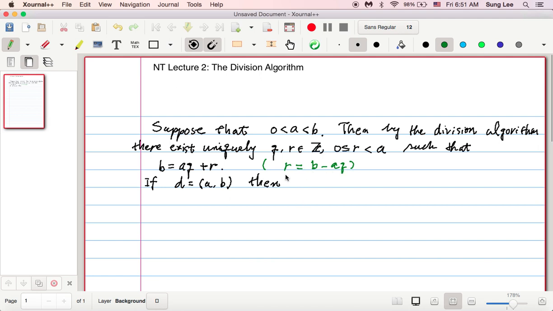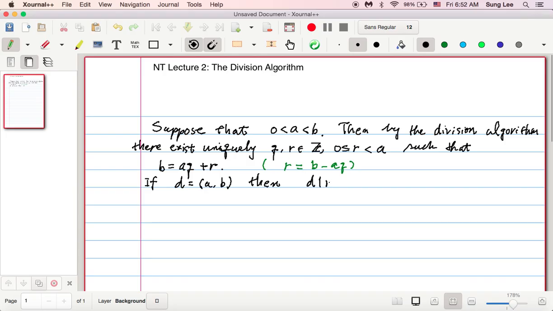As we clearly see, we talked about some properties of divisibility last time. One of the properties is, if d divides a and d divides b, then d divides any linear combination of a and b. So we see that d divides r.